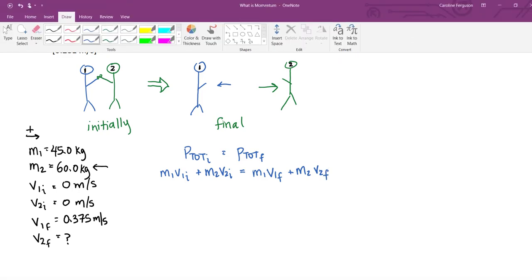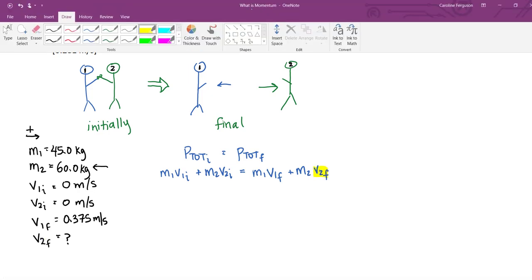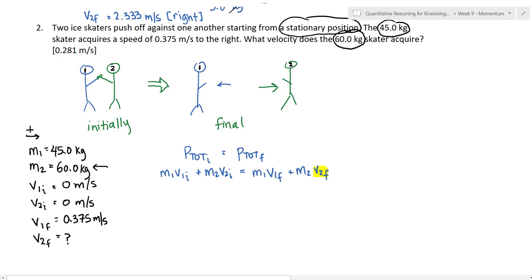Now let's decide what is the variable that we're looking for. It's V2 final. That's this one right here. So let's go ahead and just isolate for it now. Okay, so I'm going to take this M1 V1 final and move it to the other side of the equal sign. So I have M1 V1 initial plus M2 V2 initial minus M1 V1 final equals M2 V2 final.